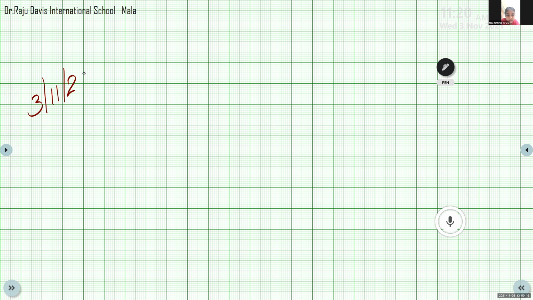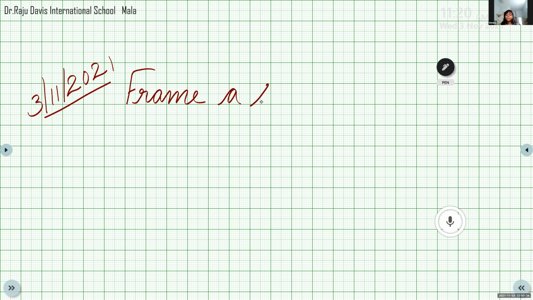Take a new page. Write the date, and after that give the heading: frame a story sum.